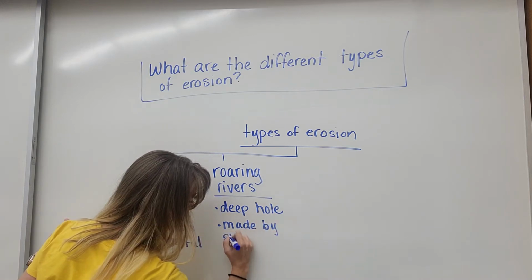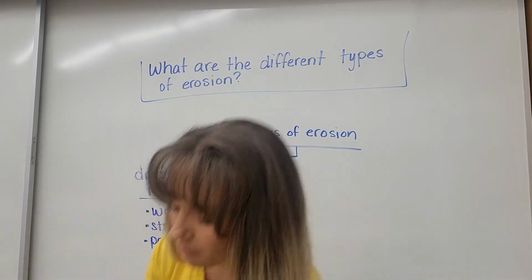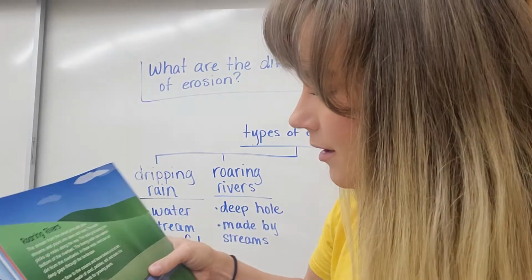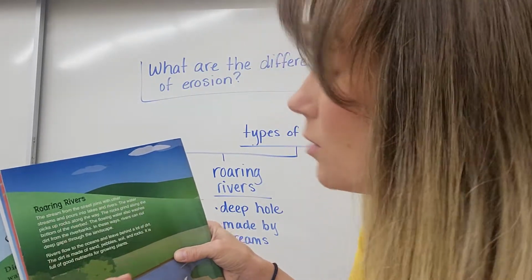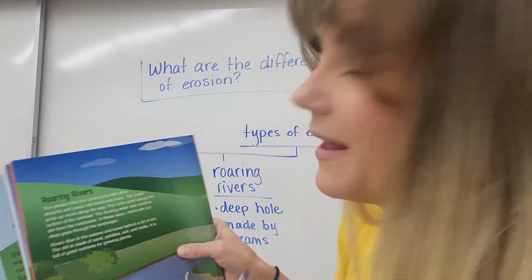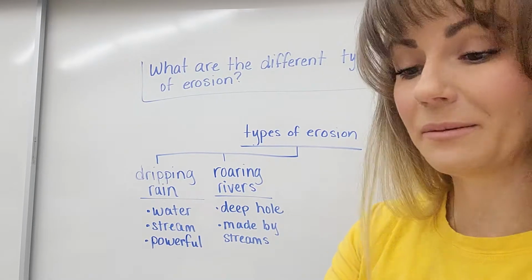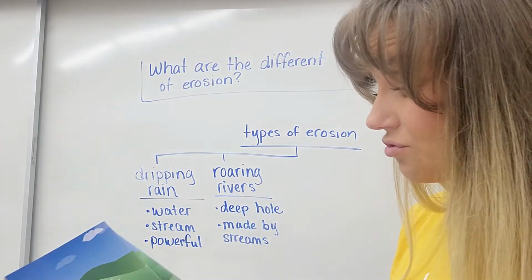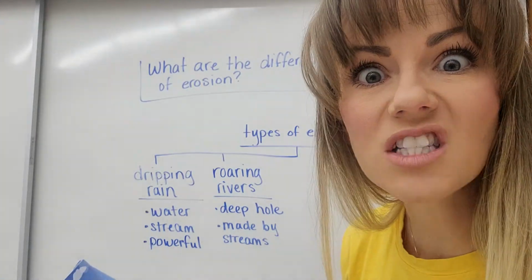And I'm also going to write made by streams. What else did it say? I'm going to look back in the book. I can't remember. Always look back in the book when you're not sure. Okay, so it's just made by streams and then they pour into lakes and rivers. That's right. So made by streams. They can create deep holes. Should we talk about how they grind rocks?